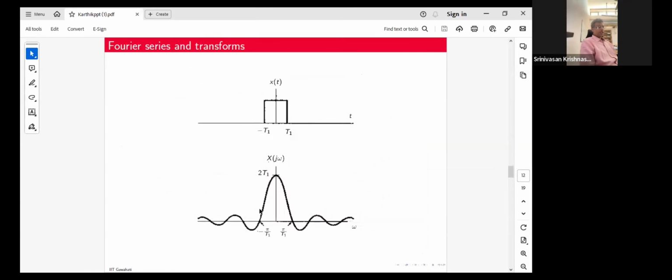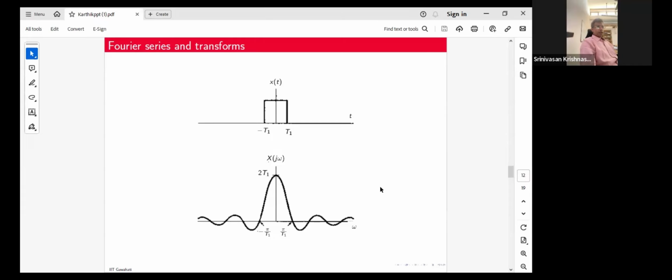As we had just discussed earlier, as you keep making this square wave thinner and thinner, as you go towards an impulse, the frequency response would just be flat. That means your frequency goes to infinity on either side.